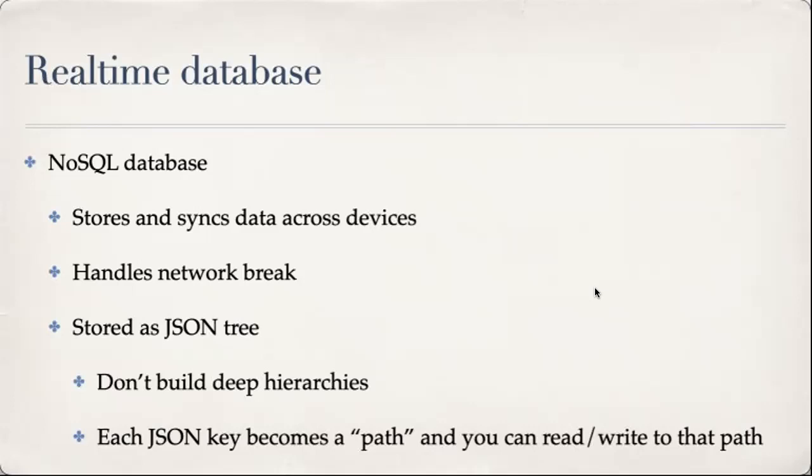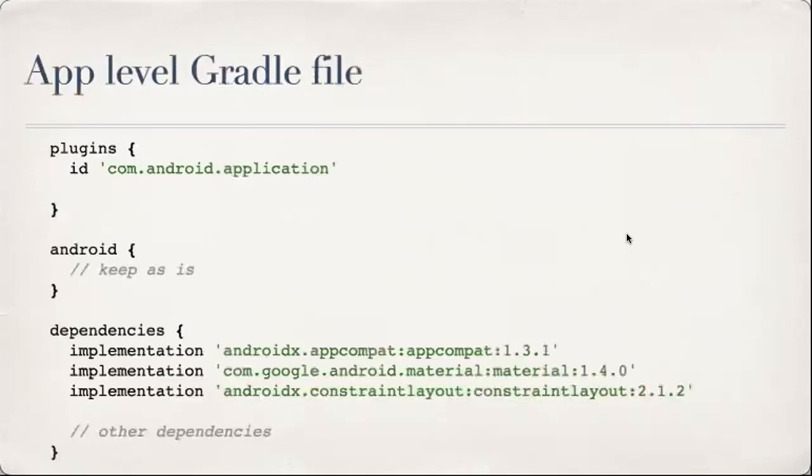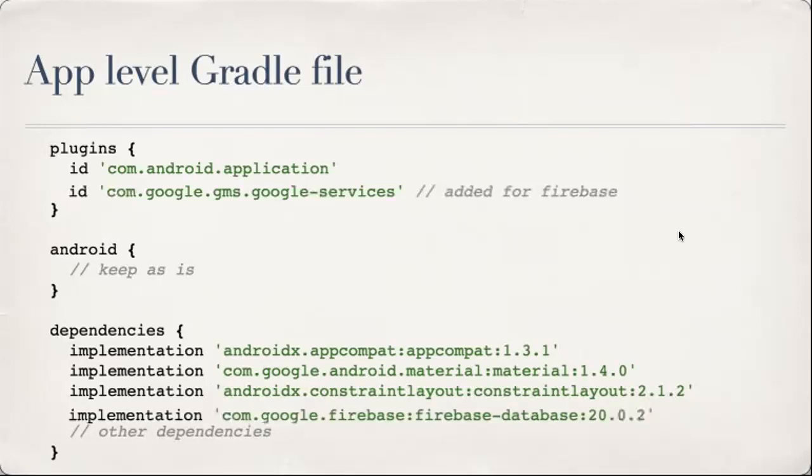Okay. So yes, we will make changes to the app level Gradle file that include real-time database as well. So this is what the app level Gradle looks like. And you'll add this, the plugin for Google GMS, Google Services, and also this implementation dependency for Google Firebase database.